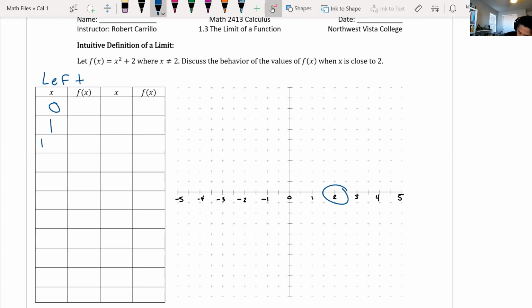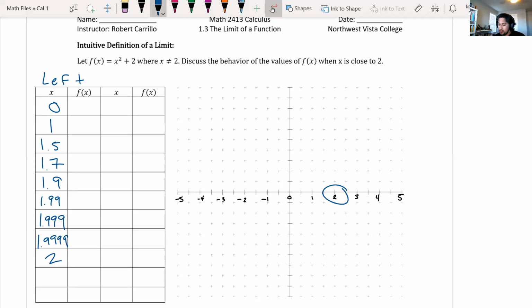So let me go 1.5, 1.7, 1.9, and then how about 1.99? And then 1.999? The more 9s you add, the better results you're going to get of where your limit is headed. So let's add a 4th 9 in there since we have the room, and then I'm going to put a 2 there. So let's see what these values give us when we plug them in.